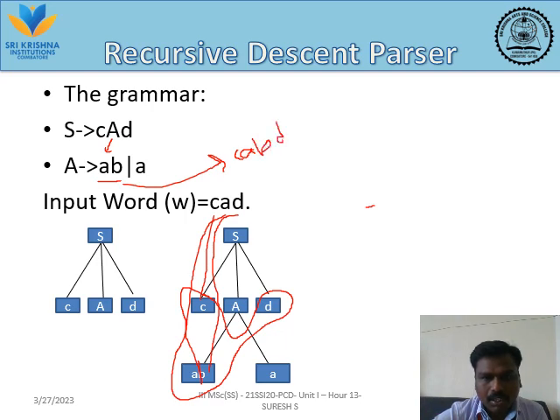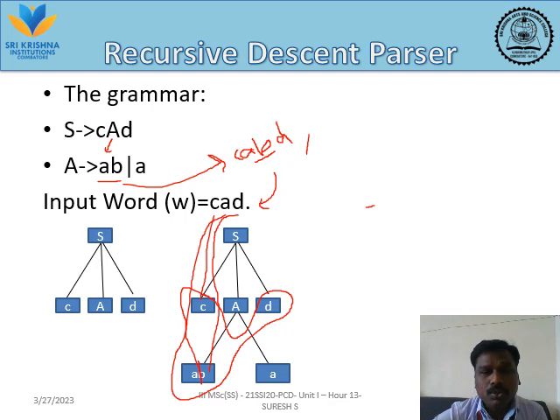So AB replaces the non-terminal A because we have used the first alternate of this production rule. We may not reach the input here: the input is CAD, but we got CABD.